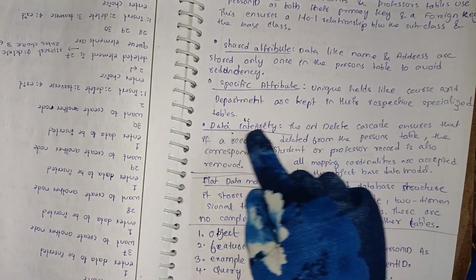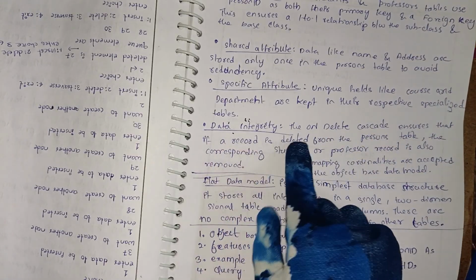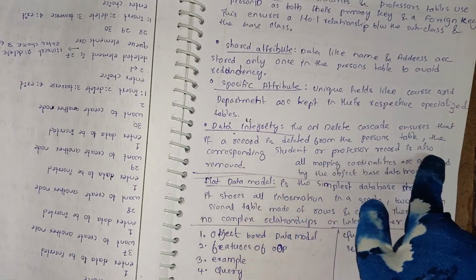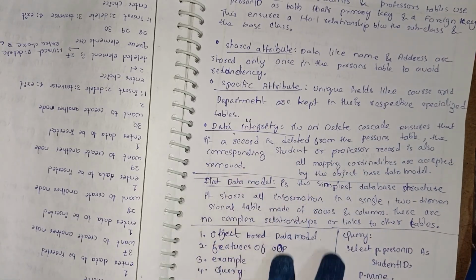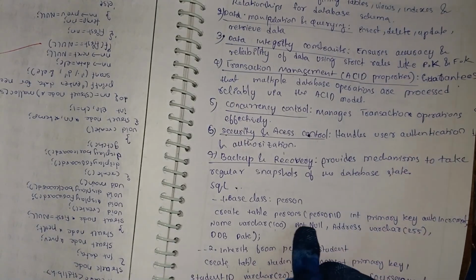Okay, and then data integrity: the on delete cascade ensures that if a record is deleted from the persons table, the corresponding student or professor record is also removed.